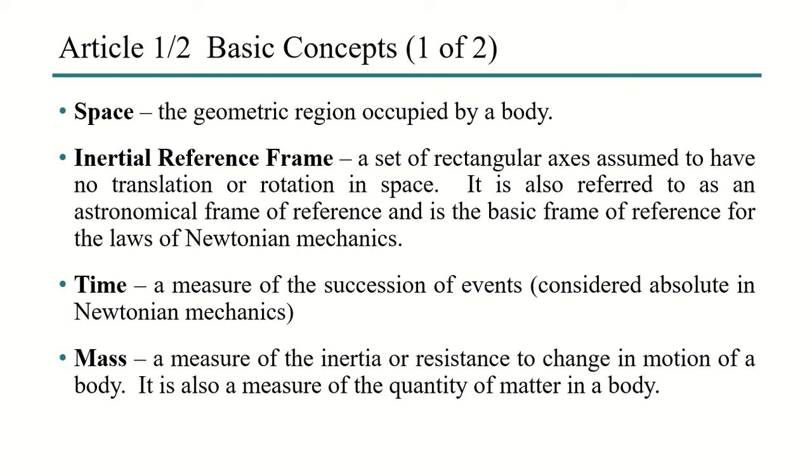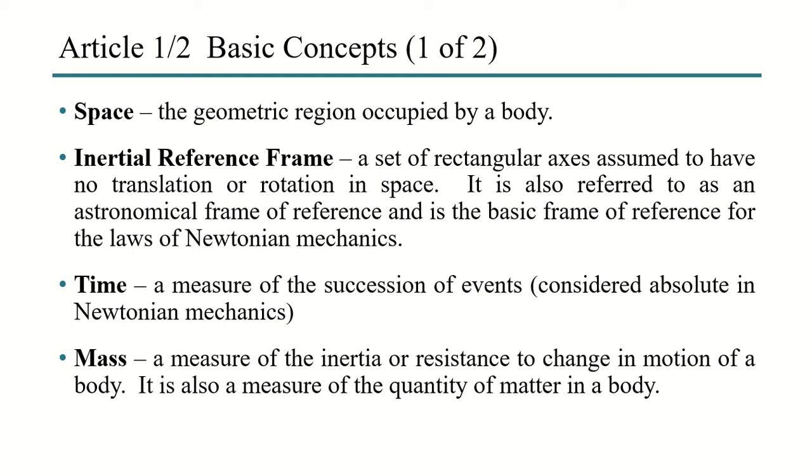It is also referred to as an astronomical frame of reference and is the basic frame of reference for the laws of Newtonian mechanics. Then we have time. Time is a measure of succession of events considered absolute in Newtonian mechanics.